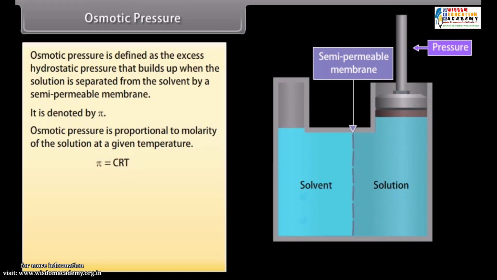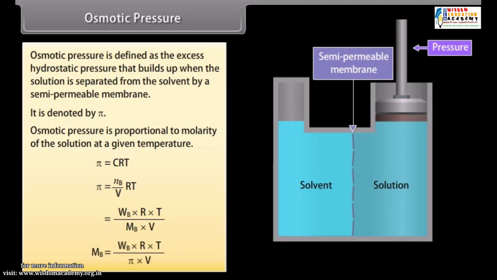Pi is equal to CRT. Put the value of C in the equation. We get pi is equal to WB into R into T divided by MB into V. We calculate the value of MB as WB into R into T divided by pi into V.